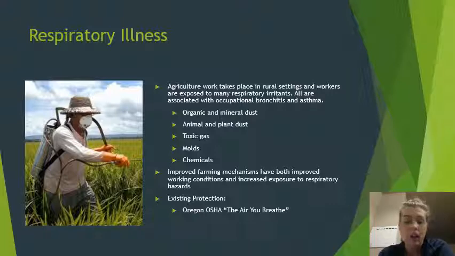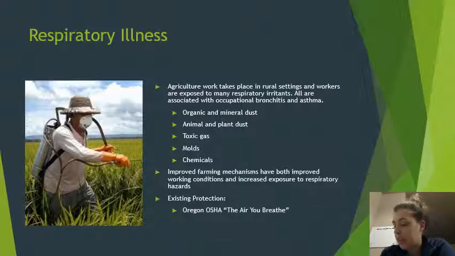In the state of Oregon, our existing protection is a standard called the Air You Breathe, which provides for the use of engineering controls to prevent contamination of the air that an agricultural worker breathes. It does a lot of preventative things, including enclosing source contamination, requiring proper ventilation of a work area, and substituting less toxic material when possible.